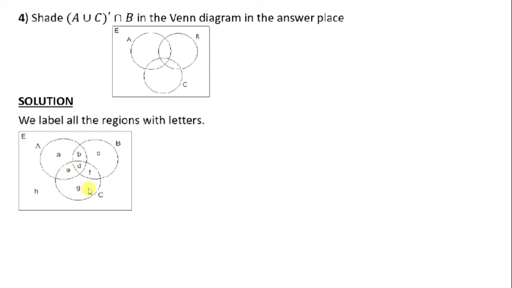A union C means combine all the elements in A and C. Complement means outside, those that do not belong to A and C.